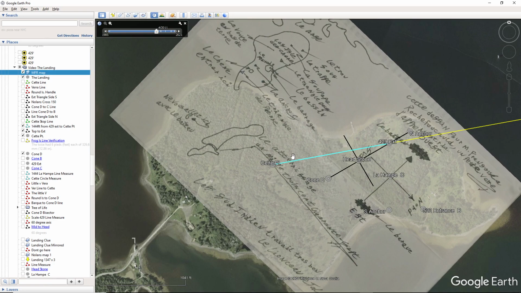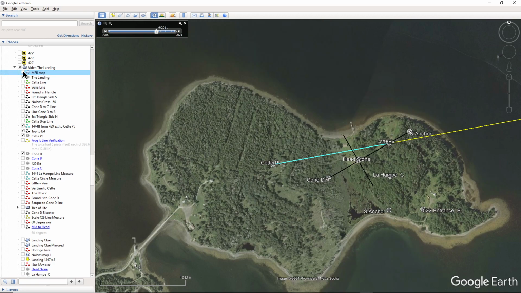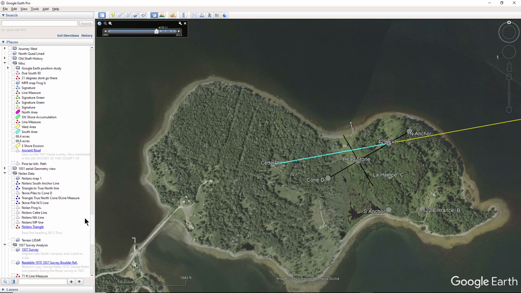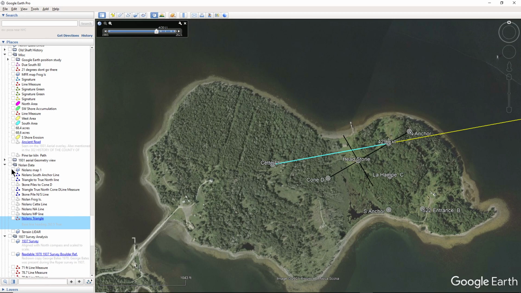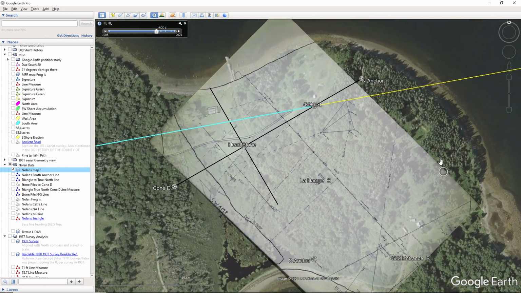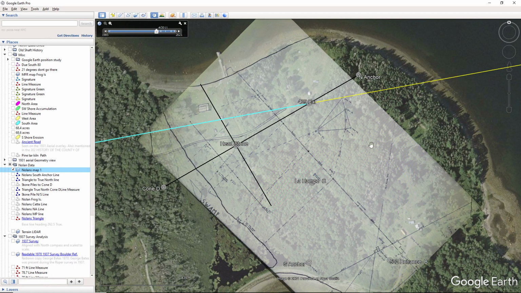But what I'm going to show you is how two documents, the document that was created by Fred Nolan, which is a survey, which I call the Fred Nolan Survey. And this is basically this is it.